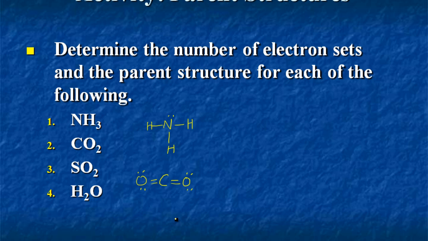Only 2. Remember, a double bond or triple bond counts only as 1. We consider only the central atom. Do not get carried away with the lone pairs on the outer atoms. Only the central atom. So here carbon has 1, 2 sets of electrons. Good.